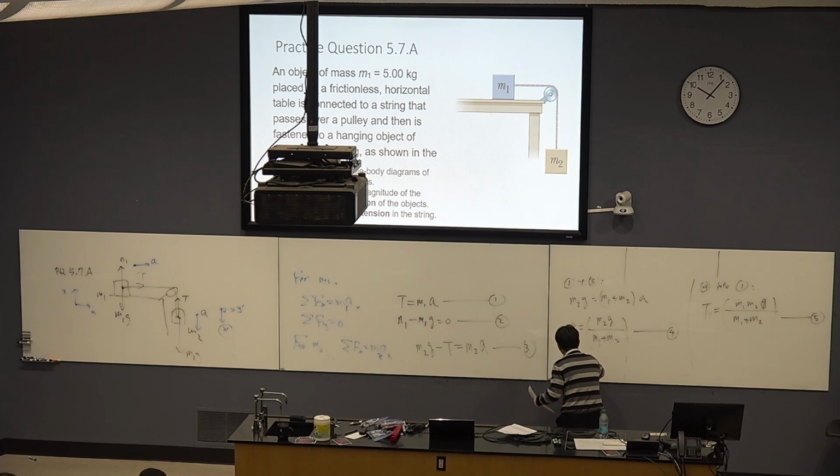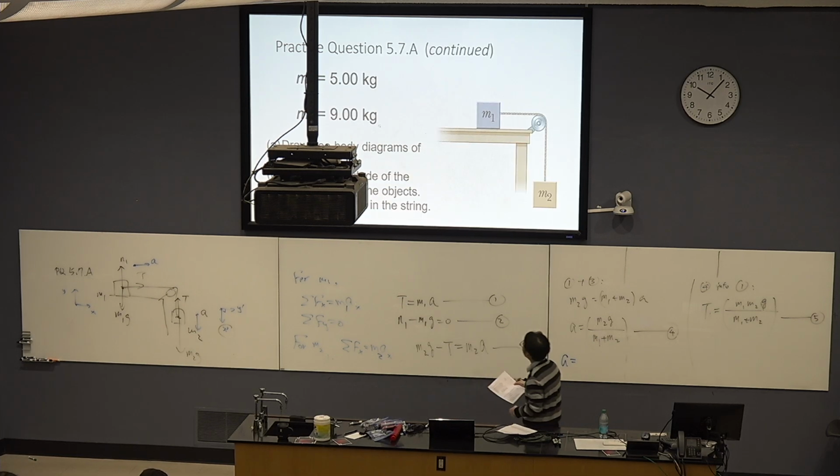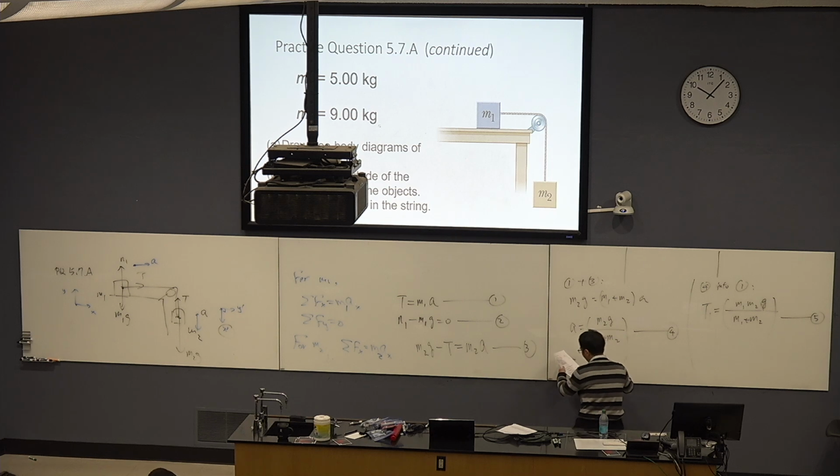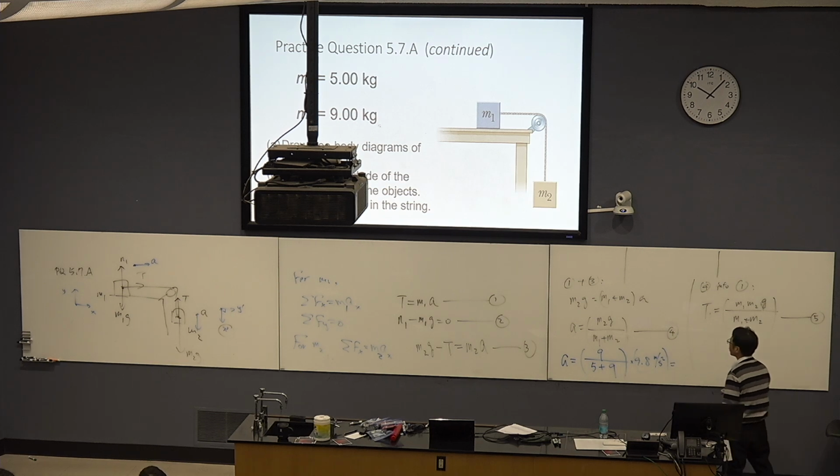So your acceleration should be equal to, with m1 equals 5 and m2 equals 9, that will be 9 over 5 plus 9, and this multiplied by 9.8, in meters per second squared. And you'll get the acceleration in meters per second squared. So that will be your acceleration.